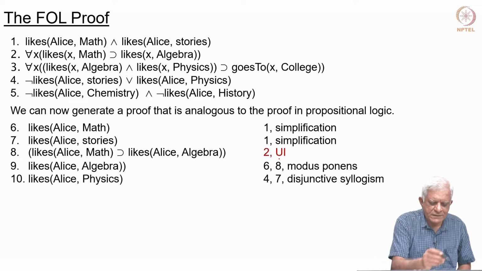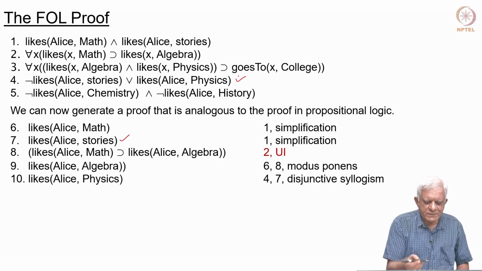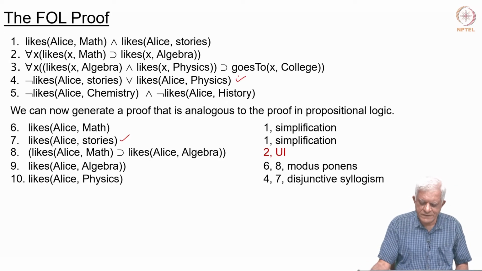But we had said earlier that she likes stories, so we had derived that, and then from that one and number 4, because we know she likes stories, it must be true that she likes physics, and that is the rule of disjunctive syllogism. We infer that she likes physics.